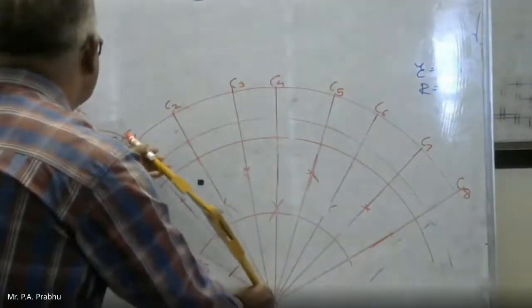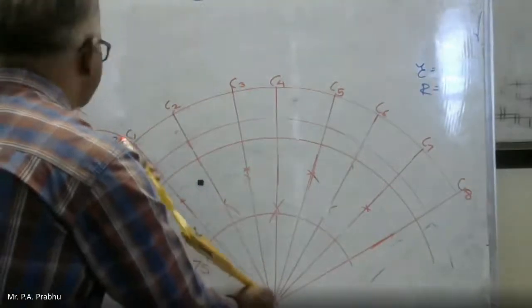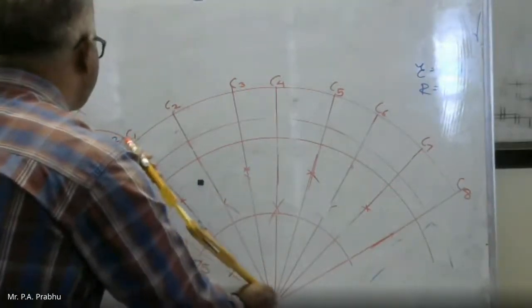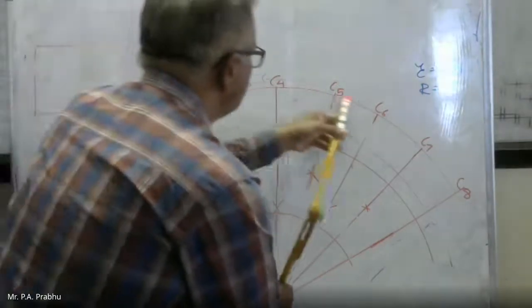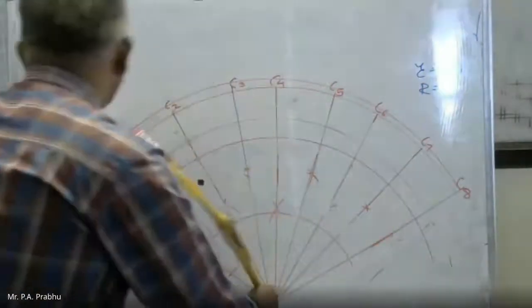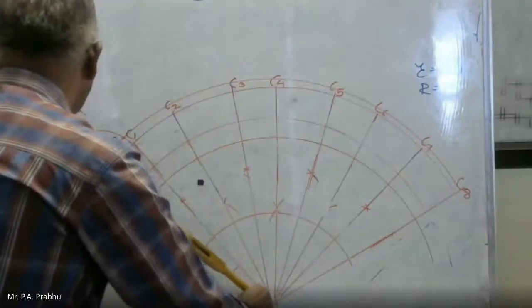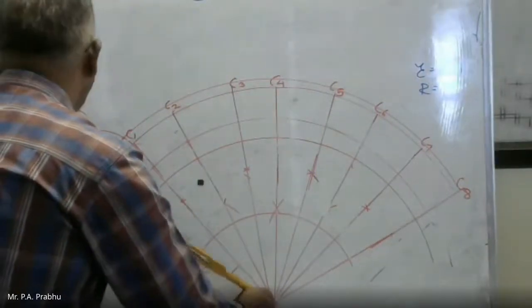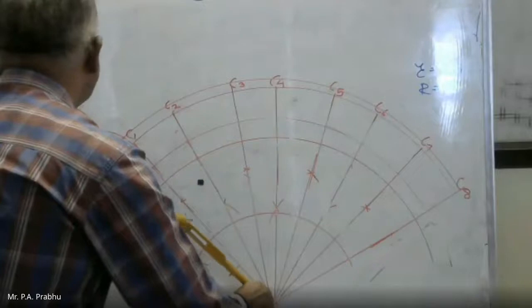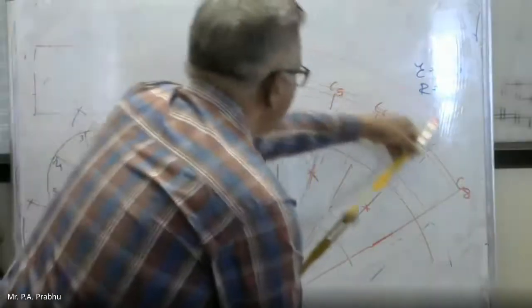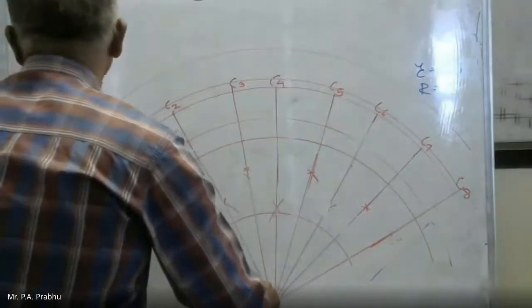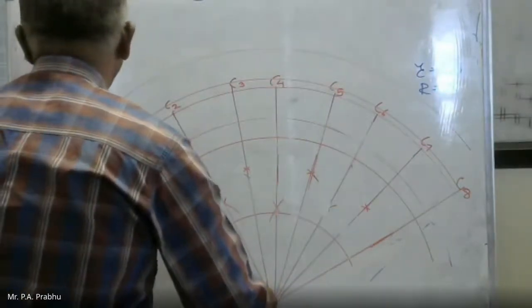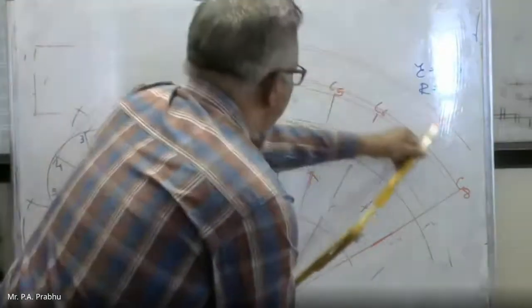Then locus of 2, which must pass through the locus of C also. Then locus of 3 and 5, and last one locus of 4.